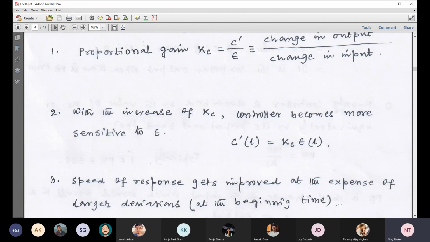Now you see the third point. Speed of response gets improved at the expense of larger deviations, particularly at the starting time. I mean, we can get a better response, but at the expense of larger deviation, particularly at the starting time.